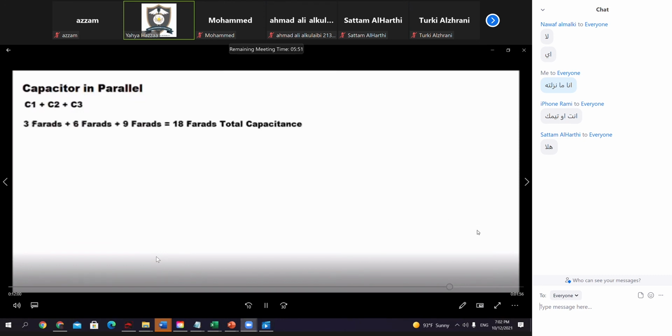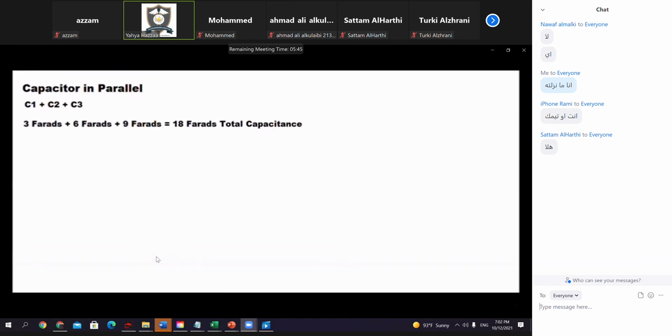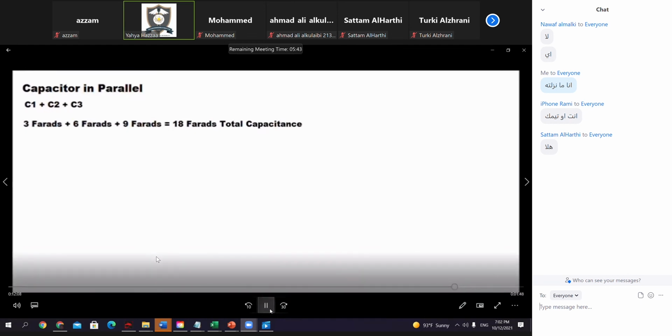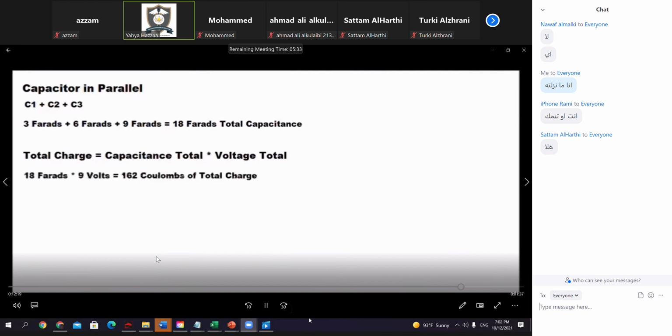So 3 farads plus 6 farads plus 9 farads equals 18 farads of total capacitance. To find the total charge stored, we multiply the capacitance total by the voltage total. So 18 farads multiplied by 9 volts equals 162 coulombs of total charge on the circuit.